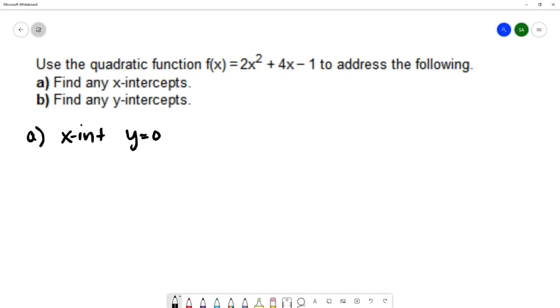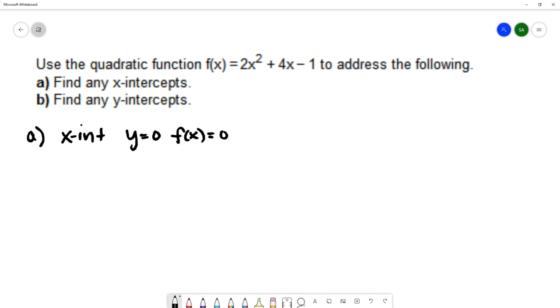And when you look at our function, we have f of x equals 2x squared plus 4x minus 1, and you don't see a y. But what you have to keep in mind is that f of x stands in for y. We've just given this function a name of f.